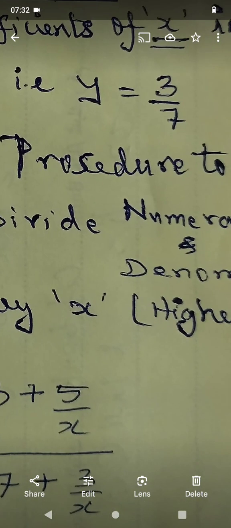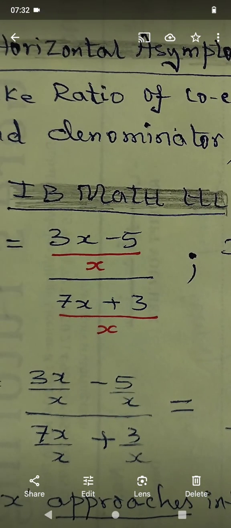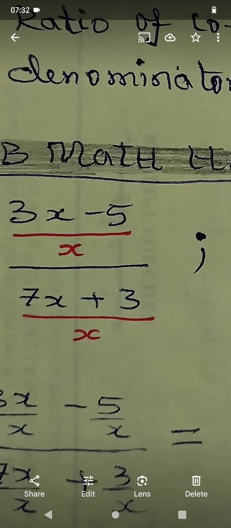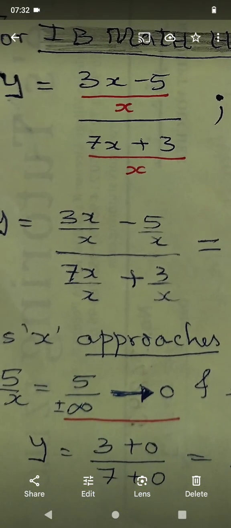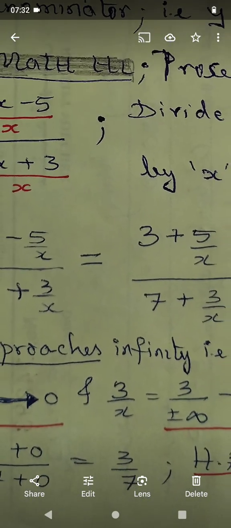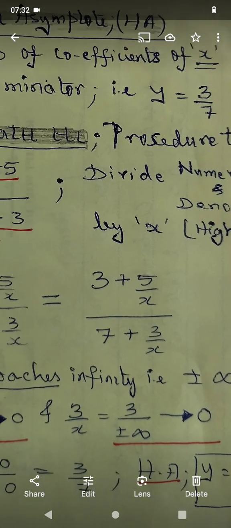Because x is the highest degree, isn't it? So when I do that, it will be 3x over x minus 5 over x, divided by 7x over x plus 3 over x. Cancelling the x, we get 3 minus 5 over x divided by 7 plus 3 over x.